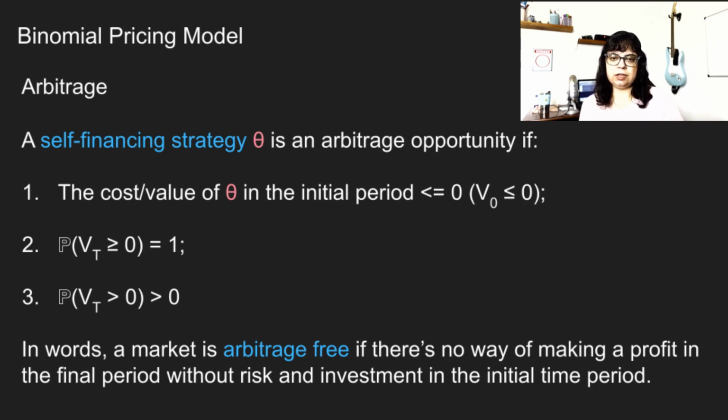The second condition says that the value of the portfolio in the final period has probability 1 of being non-negative, and the last condition says that the probability that the portfolio in the final period is strictly positive is strictly positive.